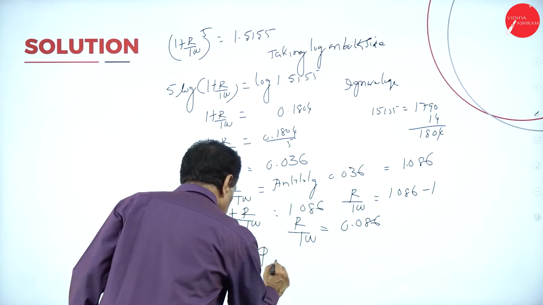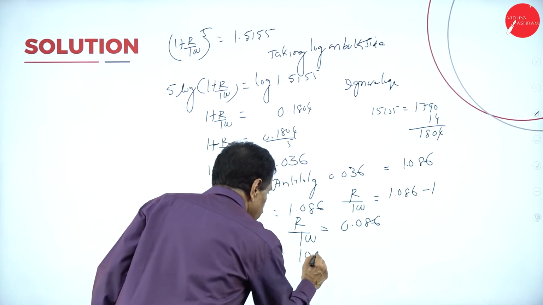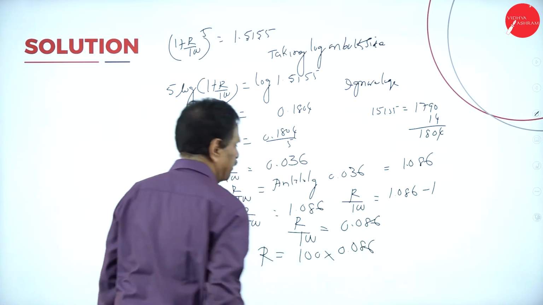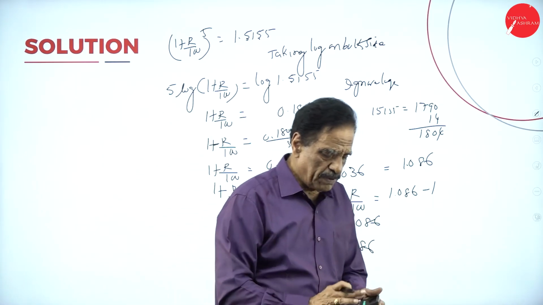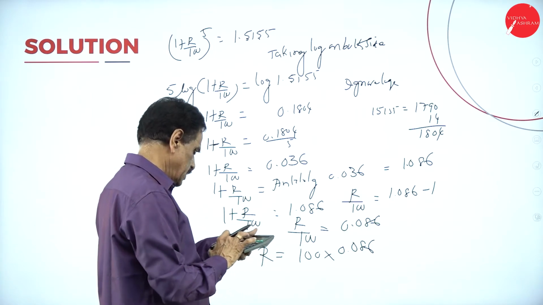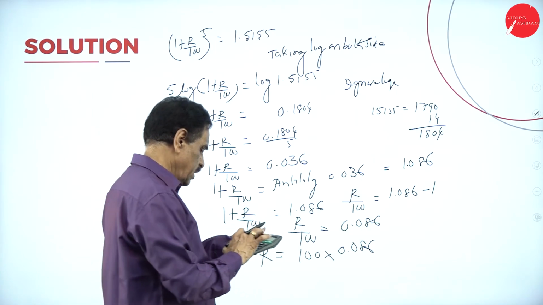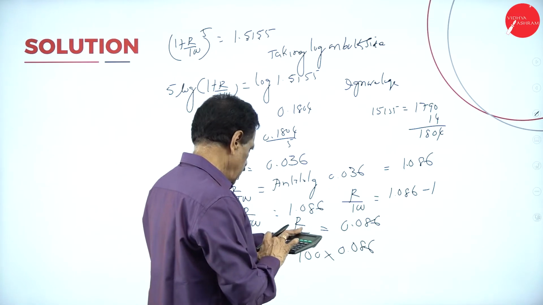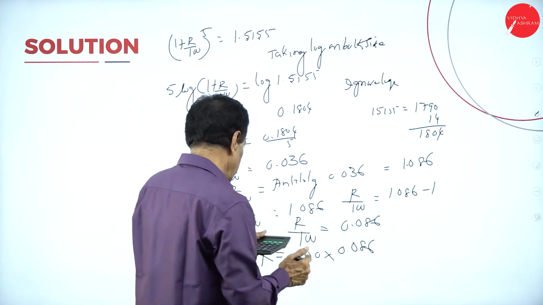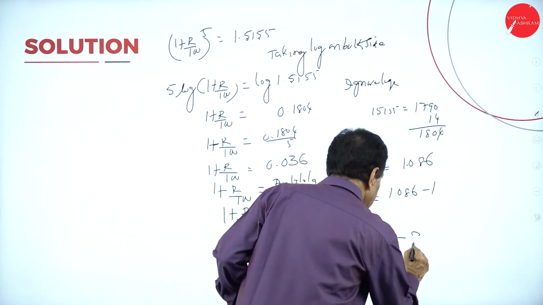R is equal to 100 into 0.086, which is 8.6%.